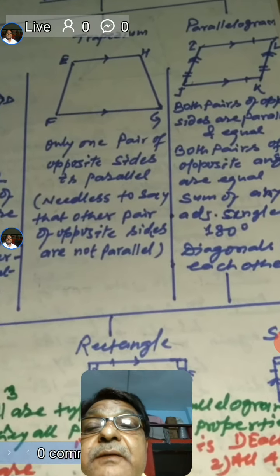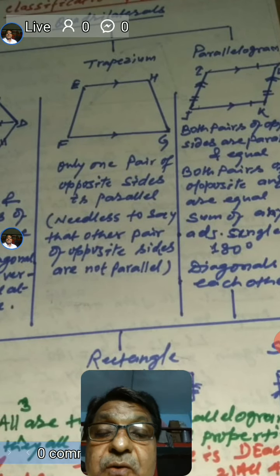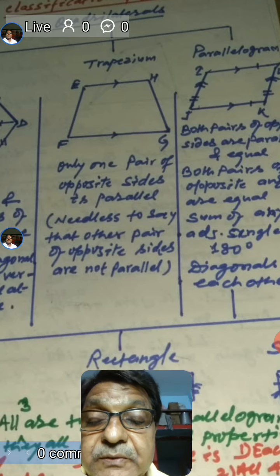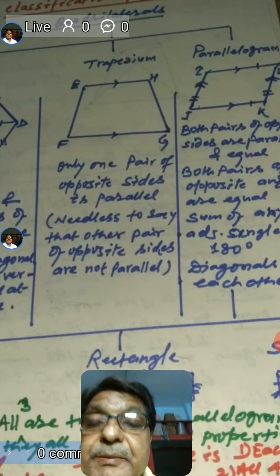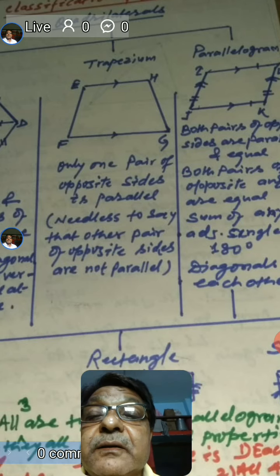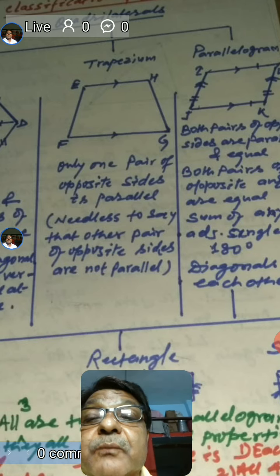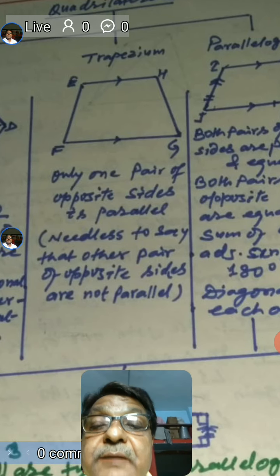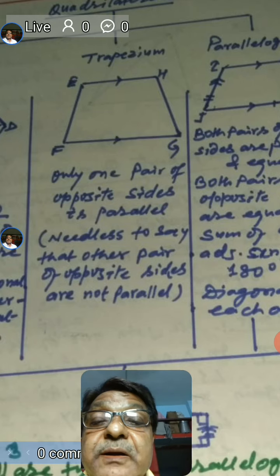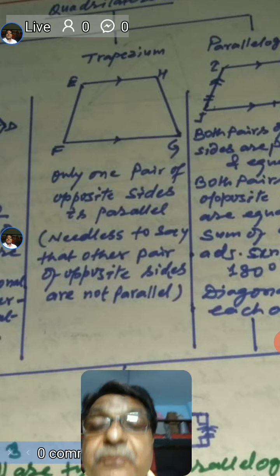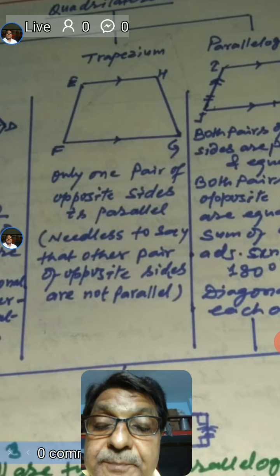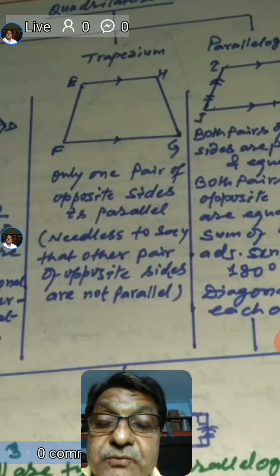Now we take another type of quadrilateral, which is called trapezium, where only one pair of opposite sides is parallel and another pair is not parallel. As here in this figure of quadrilateral EFGH, we see that EH is parallel to FG, and you know, student, an arrow is put in the middle of the side to indicate that these two are parallel.